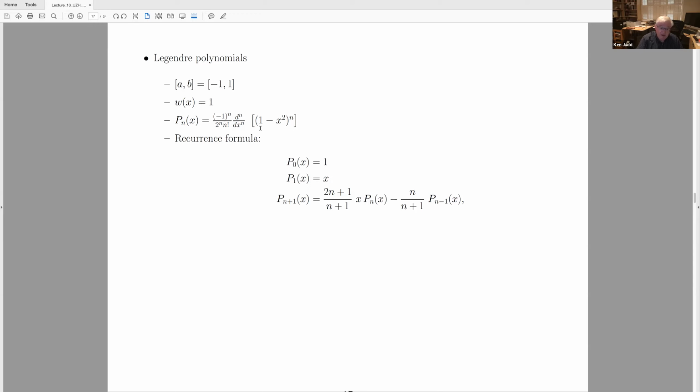Now, you never want to use this formula to compute the Legendre polynomial. This expression comes from some motivation in physics. By the way, all of this stuff comes from physics, the mathematical physics. Here's the recurrence formula. P0, the zero order polynomial, will be 1. The degree 1 orthogonal polynomial will be x.